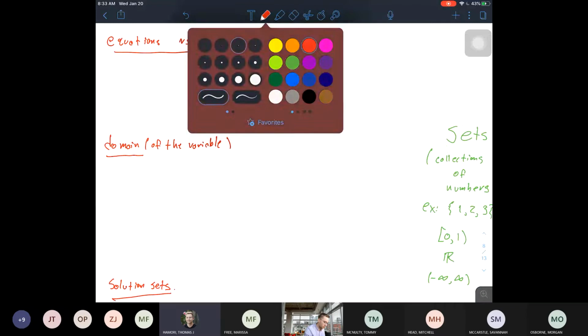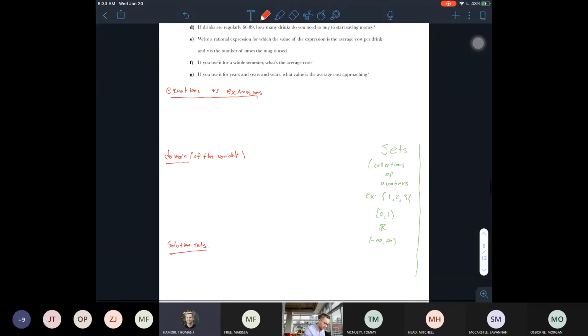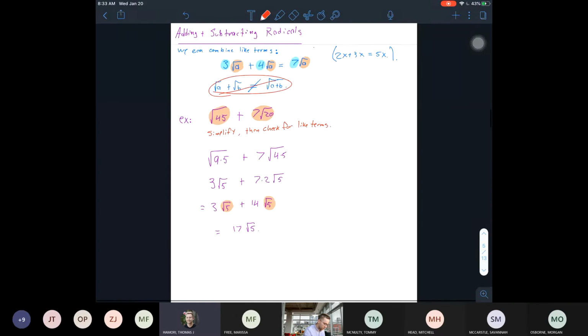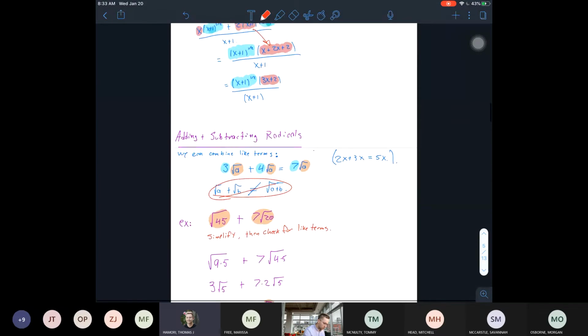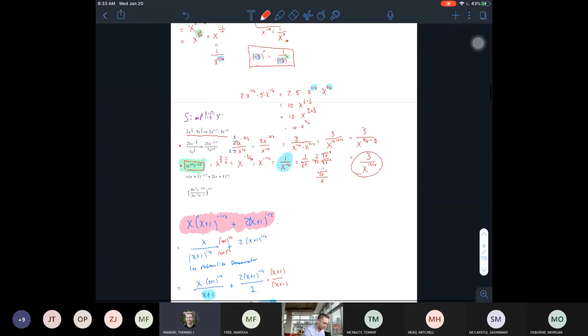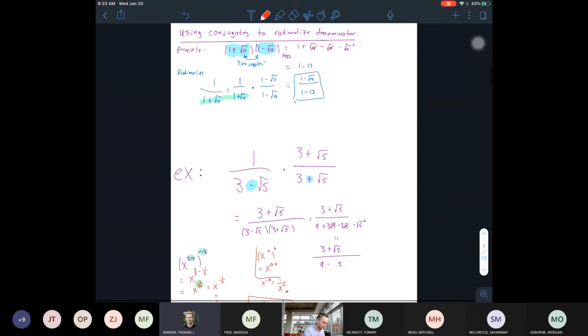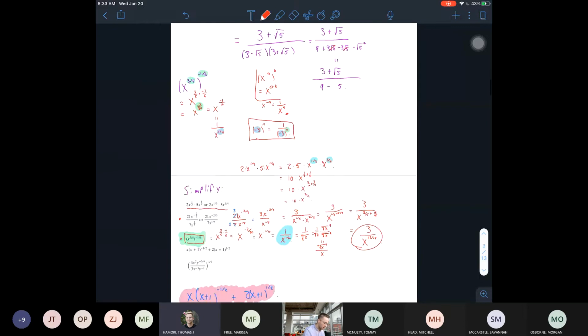So let's recap. What did we talk about last time? Last time we talked all about square roots and nth roots, and we talked about how to simplify them, how to multiply them, how to rationalize the denominator, how to use conjugates.